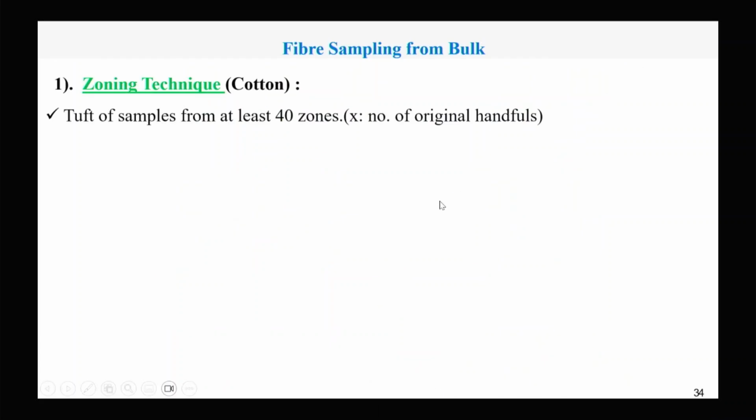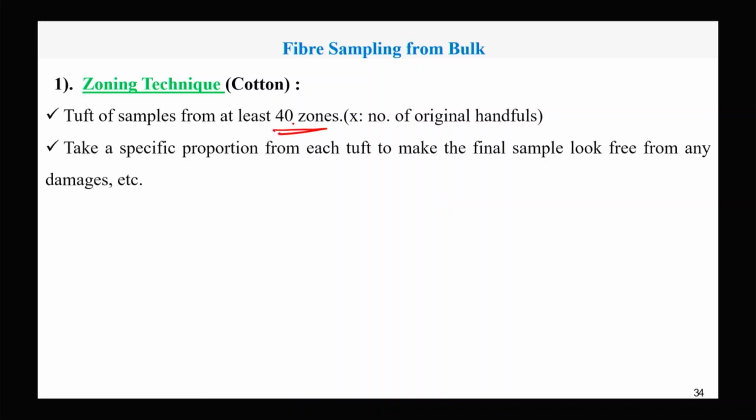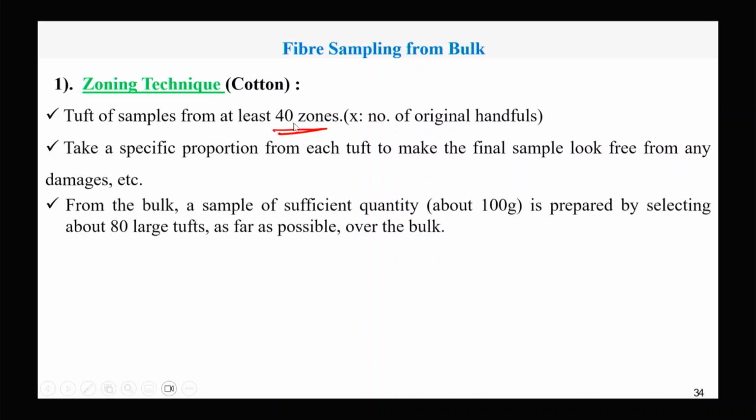So here, let's say we are taking 40 zones. Each tub takes a specific proportion from each tub, and you have to see that the specimen is free from any damage.